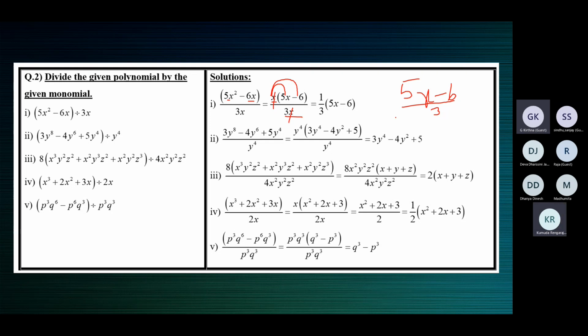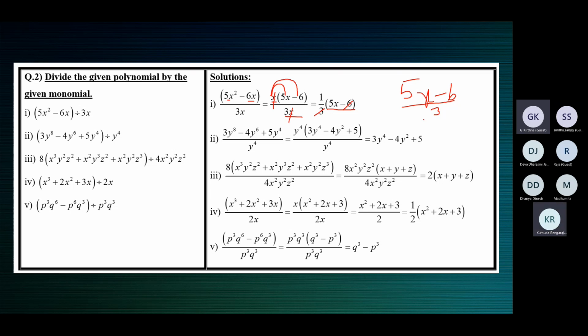What you should remember is you cannot cancel 3 and 6. 5x minus 6 is one expression. In the expression, 6 is a term. You cannot cancel a term of an expression with another number like this. You can use the entire expression.